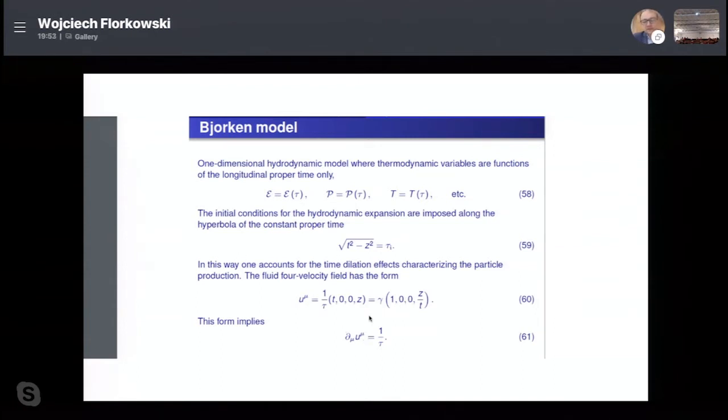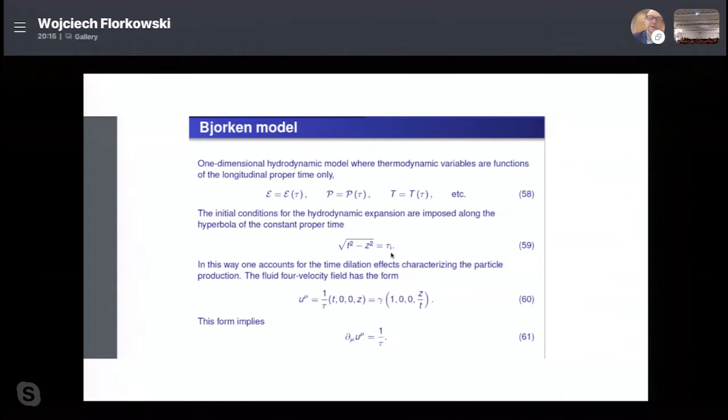Then you can also calculate the expansion scalar, which I called theta. It is 1 over proper time, so everything becomes very, very simple in this case. Also, the initial condition should be put on the hyperbola of constant proper time.